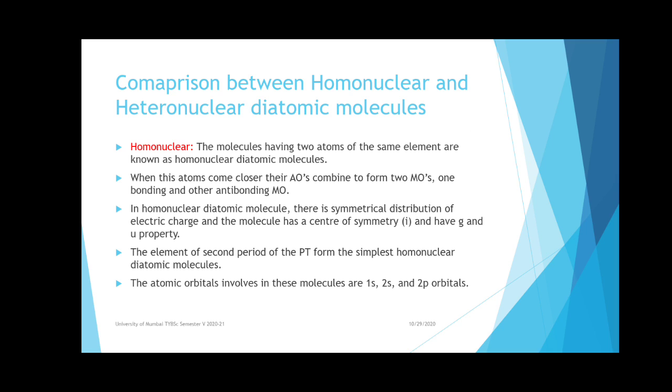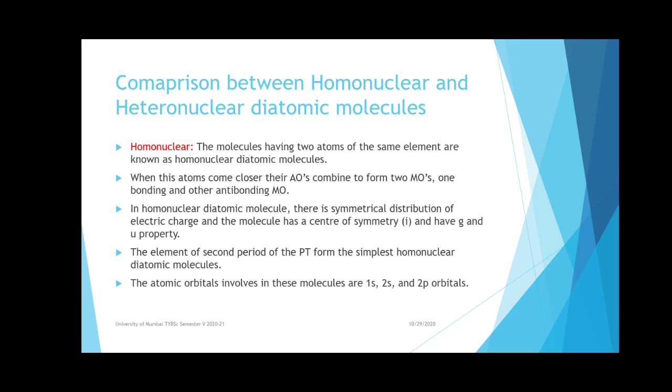That means molecules like C2, B2, N2, O2, all these are examples of homonuclear diatomic molecules, because both atoms in that molecule are of the same element. For example, the O2 molecule. In the O2 molecule there will be 2 oxygen atoms, and those 2 oxygen atoms belong to the same element, that is oxygen.